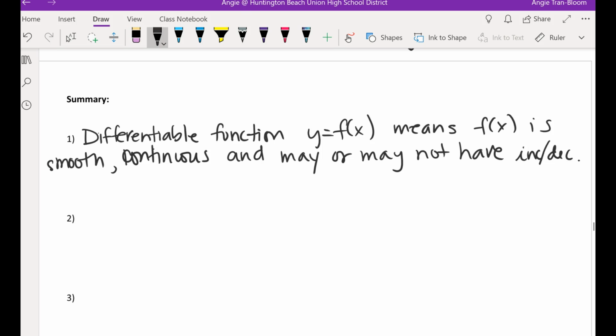What do I mean by may or may not have increase or decrease? Give me an example of a function that does not have increase or decrease. Right. That's smooth. That's continuous. It's differentiable. It's 0. But it's not an increase or decrease.